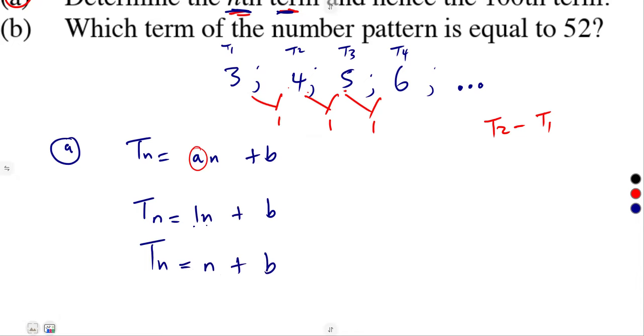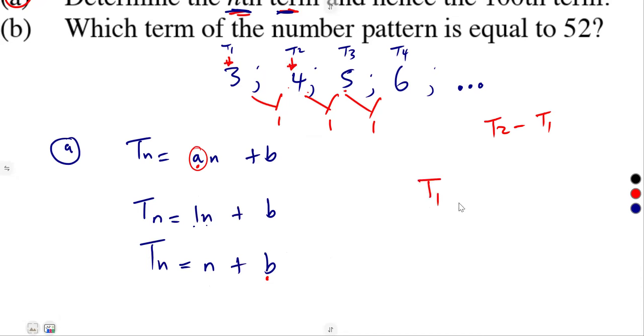Plus B. Remember, B is a constant, just like A, which had to be calculated. Our A is 1. So just like A, we must calculate the value of B, by substituting the corresponding terms: T1 is 3, T2 is 4, whichever you want. So let's take T1.